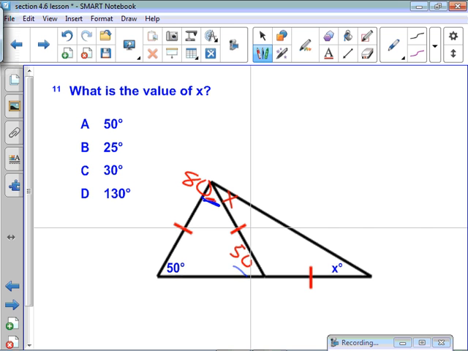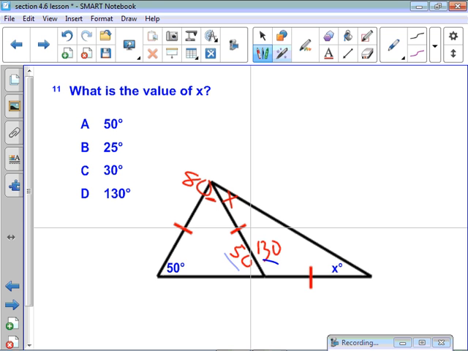Okay? And let's see, does that help us answer our question, what's the value of x? Well, we need to find one other piece of information, and that's that these two right here make a linear pair. So if this one's 50, this one has to be 180 minus 50, otherwise known as 130. They have to add up to 180.